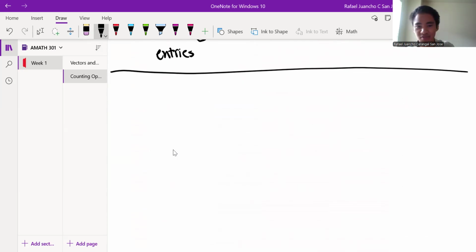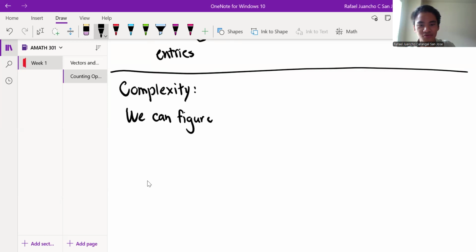computational complexity. So actually, let's dive a bit into it. We're going to talk about complexity a little bit. So what is complexity? Well, we can figure out how much we need to store, right?